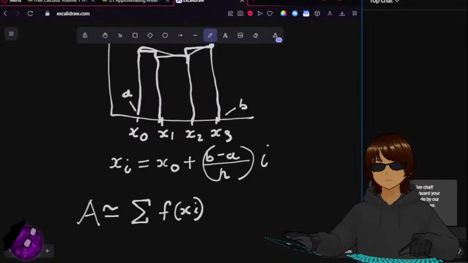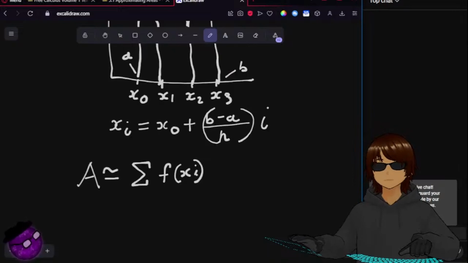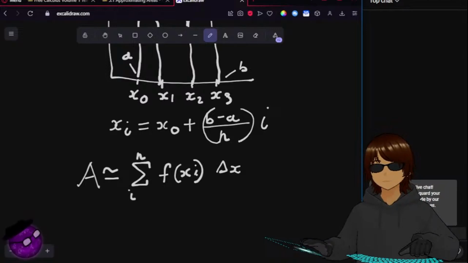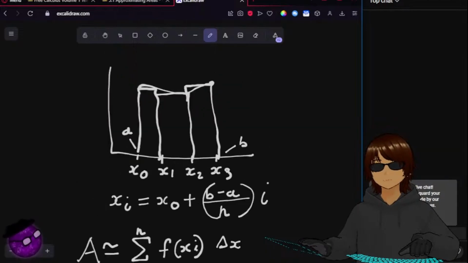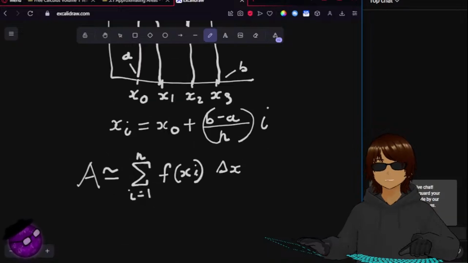So this height, let's say x3, this height times the interval, which is the same throughout the sum. And then 1, 2, 3. So how many intervals are there, starting with 1? It starts with this one, and then we get the area of this.